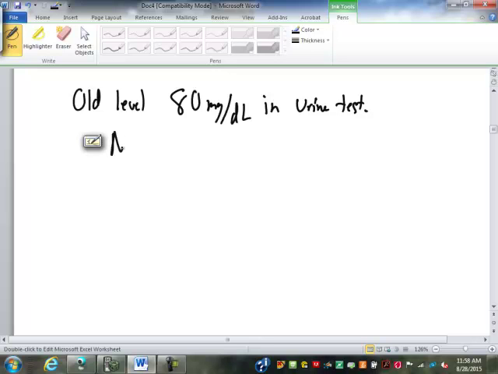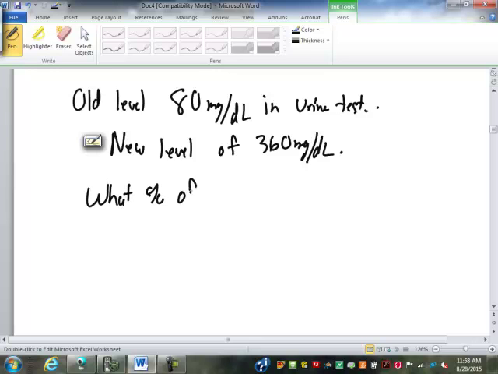In a second test, we get a new level of 360 milligrams per deciliter. What percent of the old level is the new level?